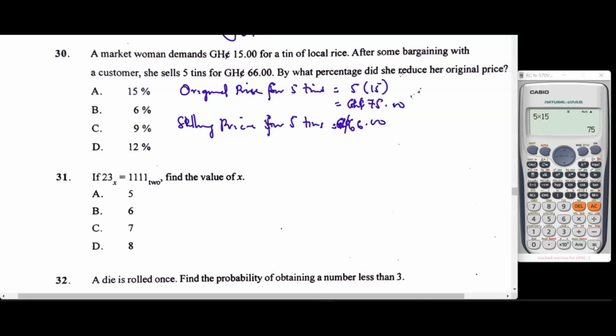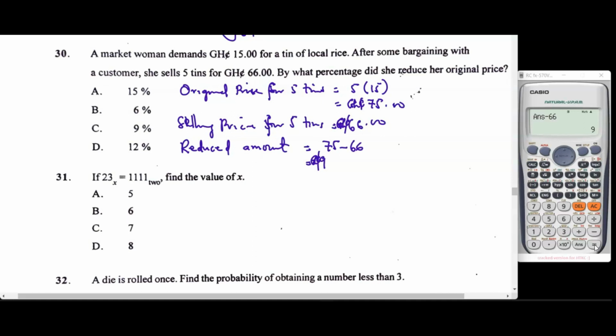Hence, this person has actually made a simple loss, and we need to know the reduction amount. So the reduced amount would then be equal to 75 minus 66, which gives us 9. So this 9 Ghana cedis is off of the total cost.